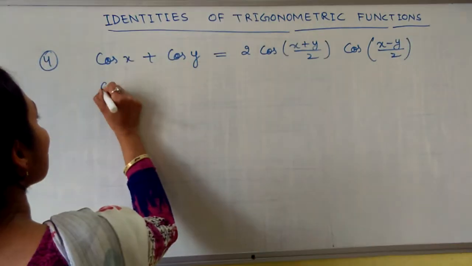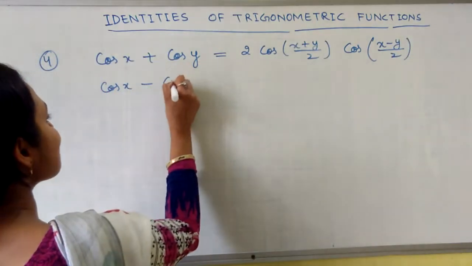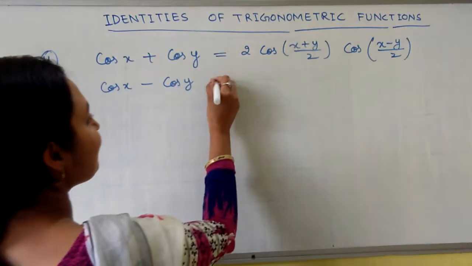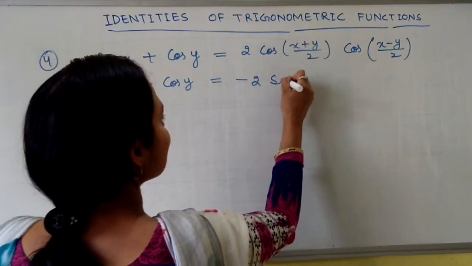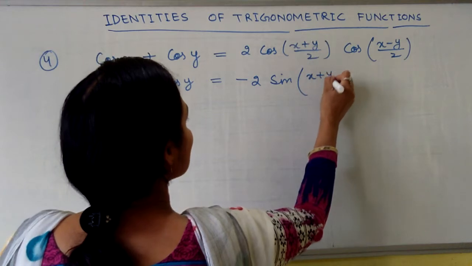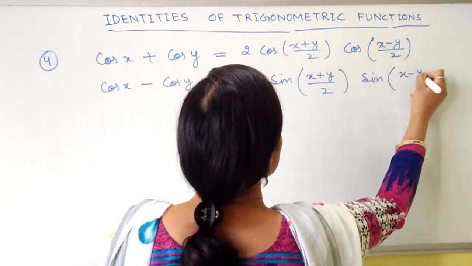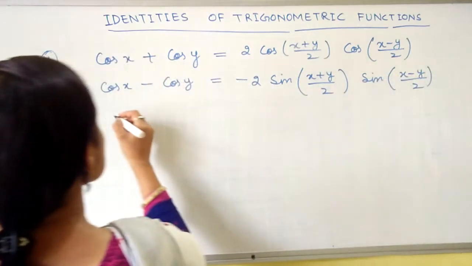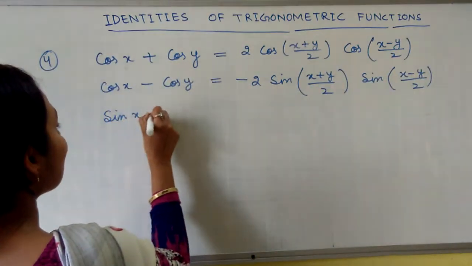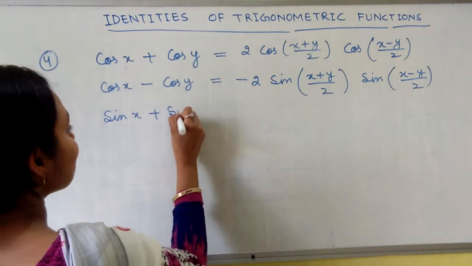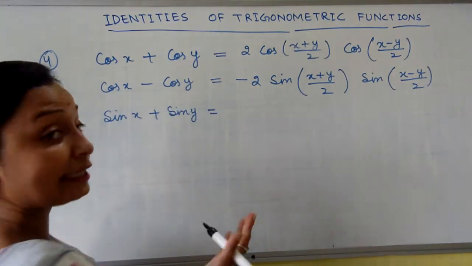Now come to cos x minus cos y. When there is a negative, it totally changes into sin (x plus y) by 2 sin (x minus y) by 2, right? Now come to sin x plus sin y. This is also very easy.